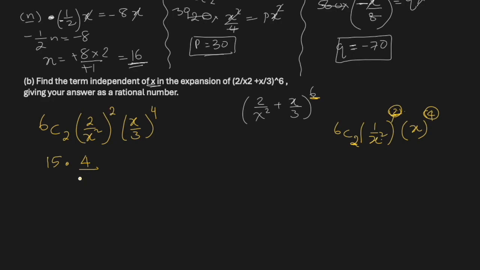X square to the power 2 will be x to the power 4. That was the plan. X to the power 4 is x to the power 4, and that's why they cancel out. 3 to the power 4 is 81. So what do we get here? 60 over 81 is the term which does not have an x. It is independent of x. Can I somehow minimize this? Yes. So 20 over 27.